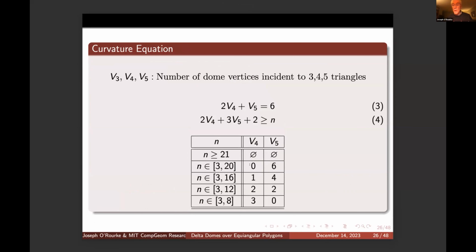But the important thing that we're going to take away from this is not the details I was just showing you, but rather that this means that no dome can have more than 6 vertices. Because this is 6, this is 5, this is 4, this is 3. So this puts a limit on the number of vertices on a dome of an equiangular polygon.